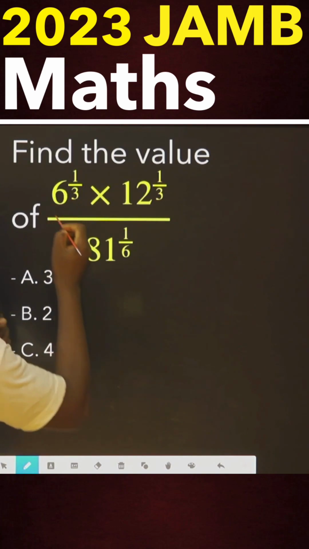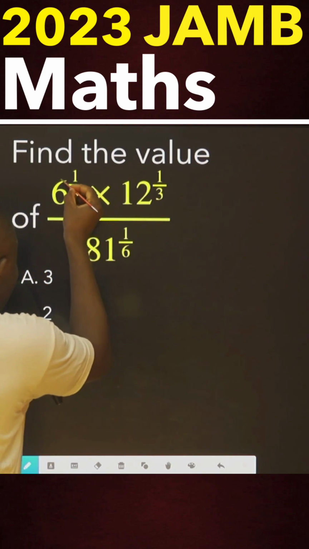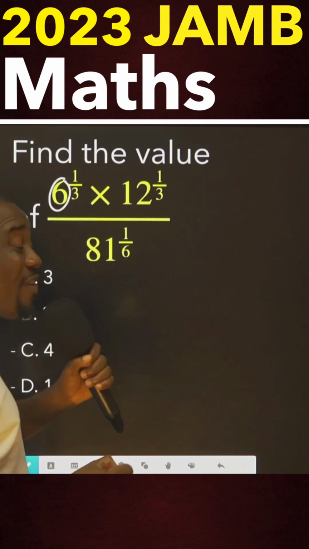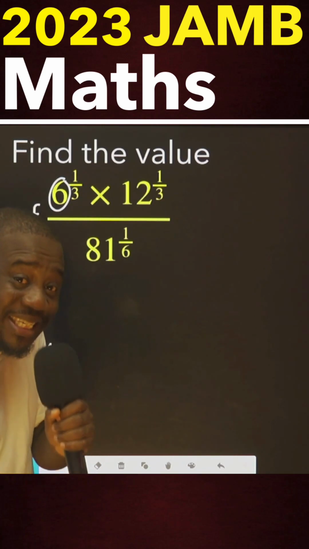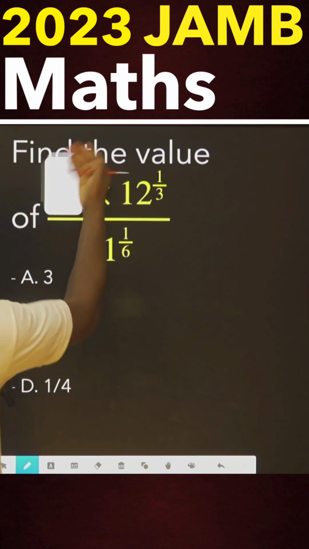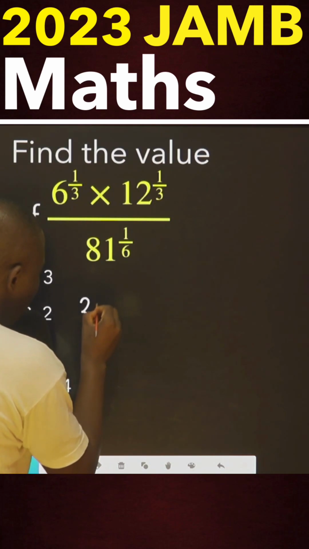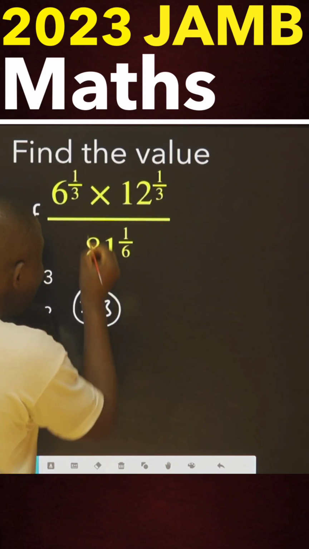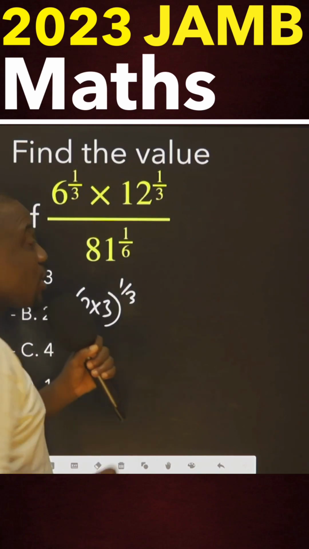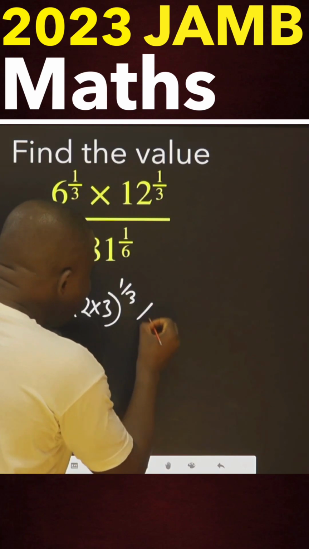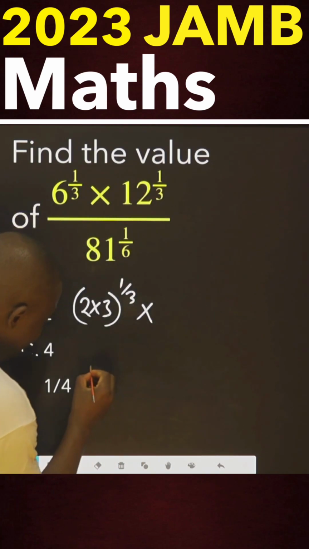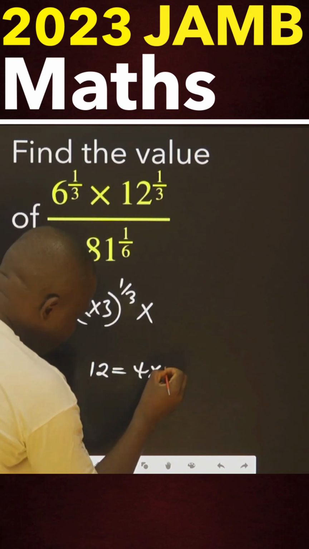As you can see in this place, the first thing you need to do is, this 6 is the one carrying 1 over 3. What is 6? 6 means 2 times 3. Break it down: 2 times 3. Then this guy will still be at the top. What is the meaning of 12? 12 simply means 4 times 3.